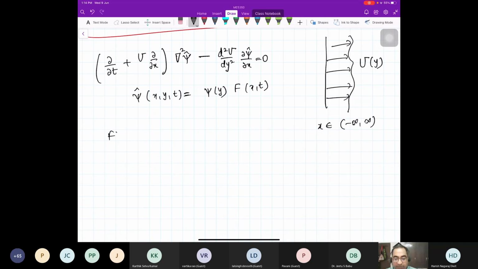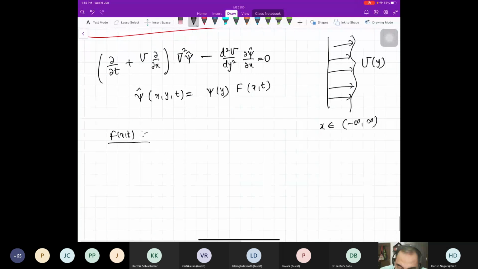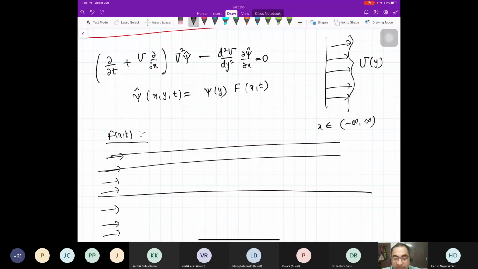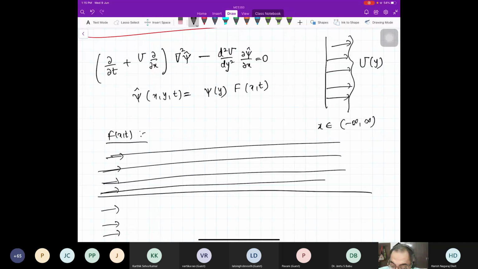So I can say f of x comma t is representing what? Let's say I have a mean flow like this, and if there was no disturbance, then I will have streamlines going in a straight line, uniform flow.